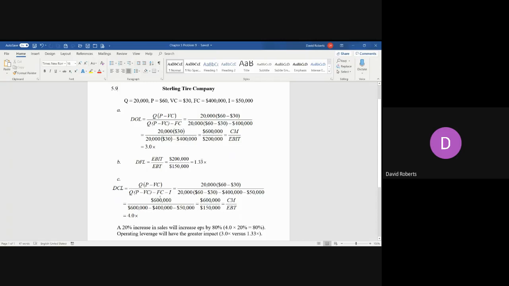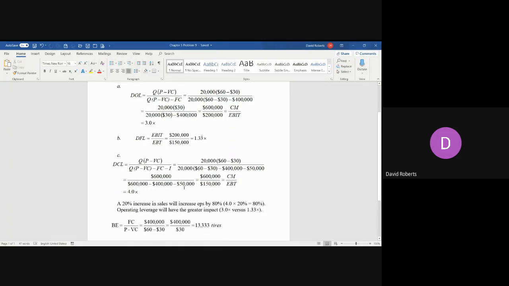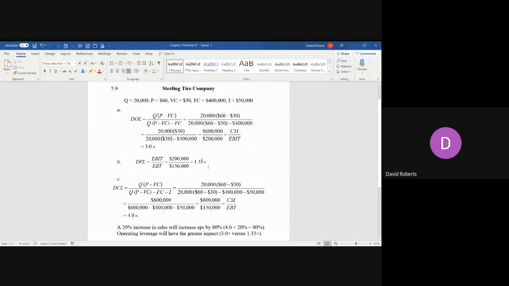Now, the combined leverage in part C, it's the same as the formula up above in part A, except you subtract the interest at the top.